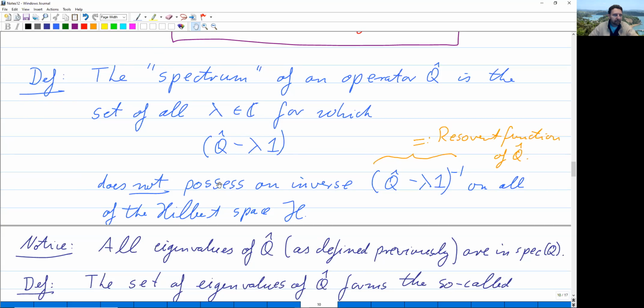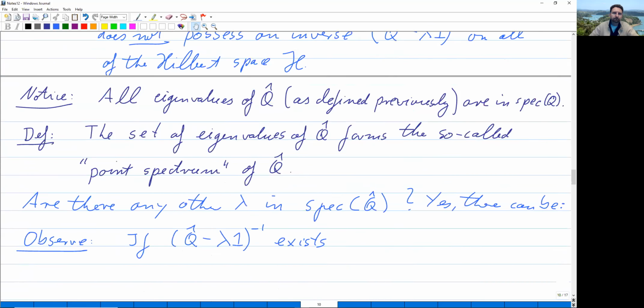This is the escape possibility, but it's the interesting one, the one that allows us to cover the continuous spectrum case, the case of non-normalizable eigenvectors, right? So now we're looking at the case where lambda is an element of the spectrum, not because there is no inverse. No, there is an inverse, but it's just not defined on the entire Hilbert space.